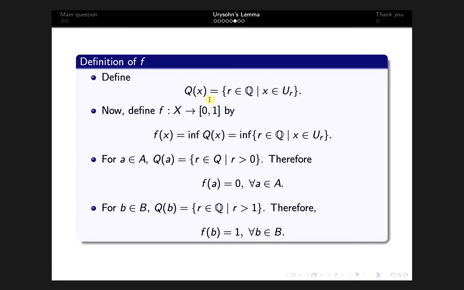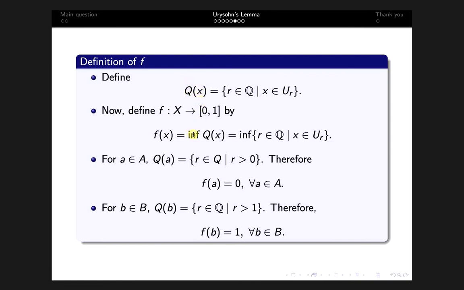Note that for every x there exists some non-negative R such that x belongs to U_R. So for every x, Q(x) is bounded below.